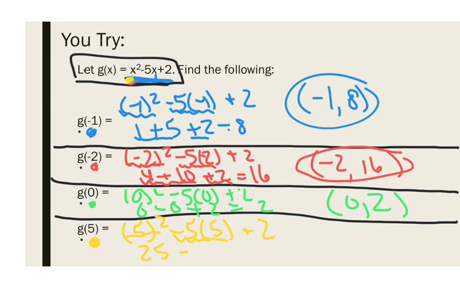Negative 5 times 5 is negative 25. Bring down that plus 2. 25 minus 25 is 0. Plus 2 equals 2. So this one also has an answer of 2. But our ordered pair is going to start with 5 since we plugged in 5 for the x. And then our answer is 2.